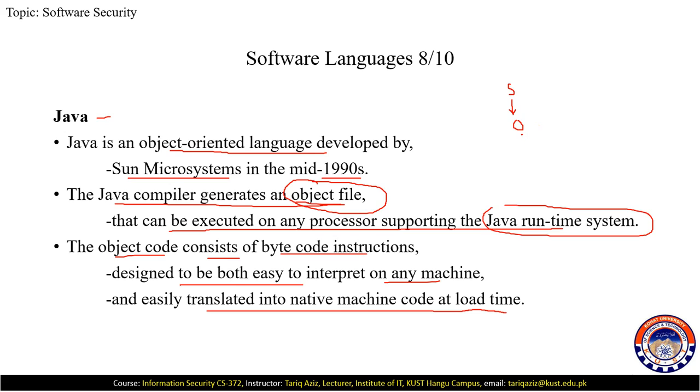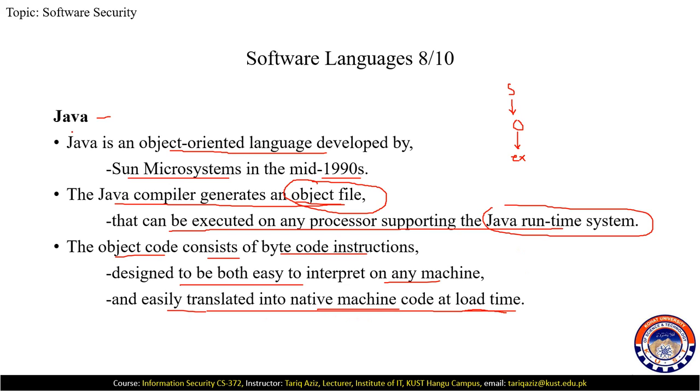This object file is not an executable file. The linker will take this object file and make an executable file which is now ready for execution. So this is the big picture. In this case, the Java object code will be easily translated into native machine code at load time.